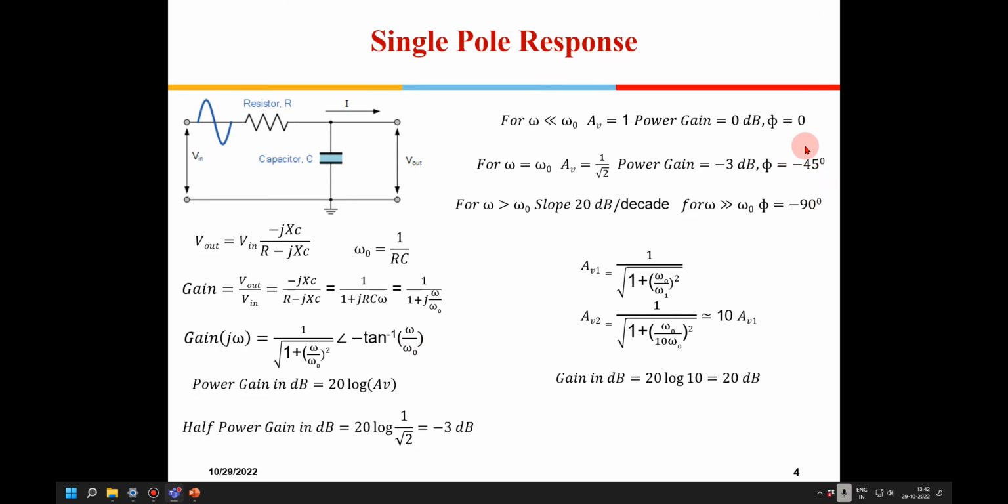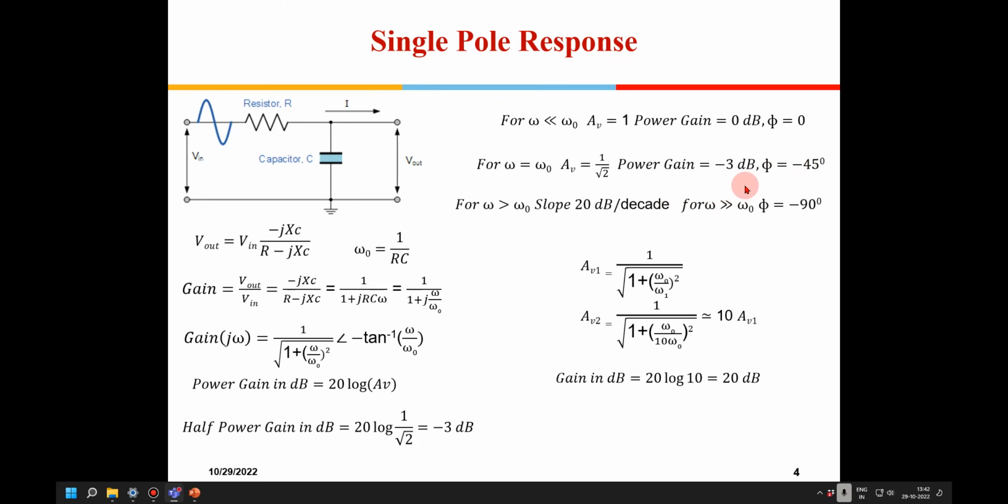Excuse me, sir, I have one question. What is the difference between that omega and omega 0? Omega 0 is 1 by RC, whereas omega is variable. It can take 0 to infinity. So we are analyzing what happens to this circuit for various frequencies. Omega is the input frequency, 2 pi f.